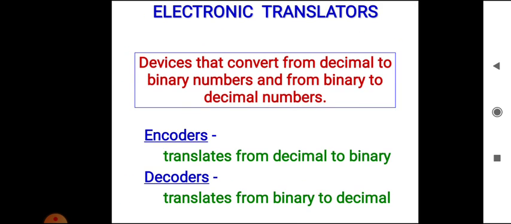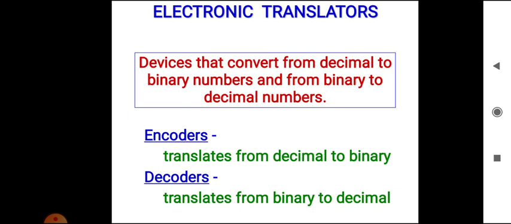So next, electronic translators. Devices that convert from decimal to binary numbers, and from binary to decimal numbers. Generally, an electronic translator is an electronic device which is used to convert or change from decimal to binary or binary to decimal.